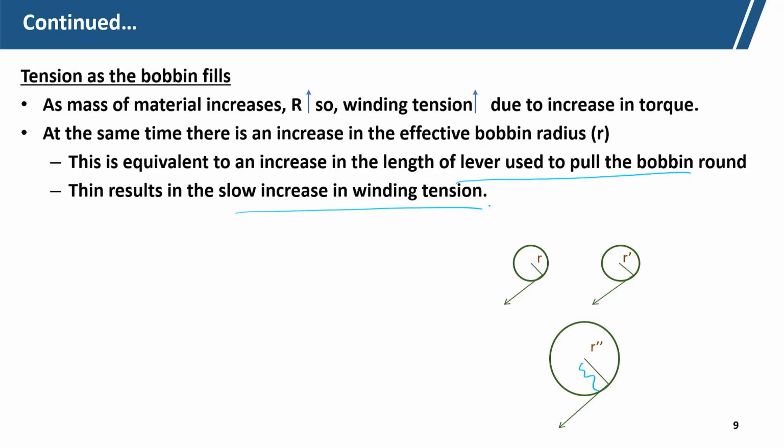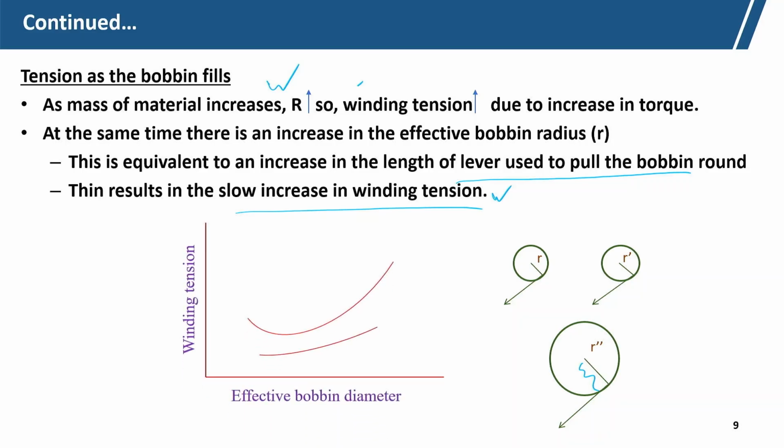So, as the bobbin radius and material on the bobbin increases, its mass increases. So, it will have higher increase in the tension than it would have normally, but due to the length increase of the lever, this gets a little bit compensated. So, the bobbin tension increases with the increase in the bobbin diameter, but to a lesser extent, it slows down.